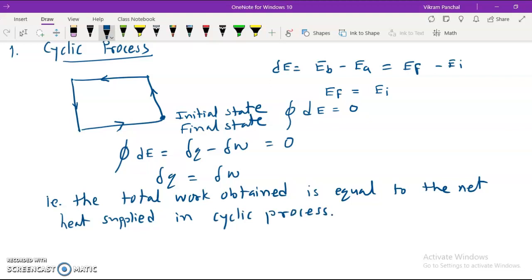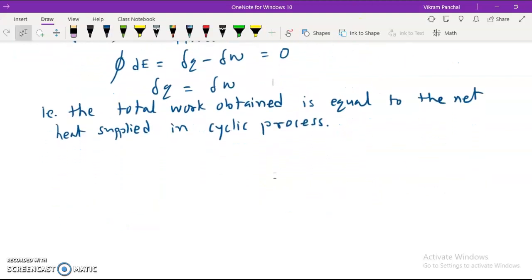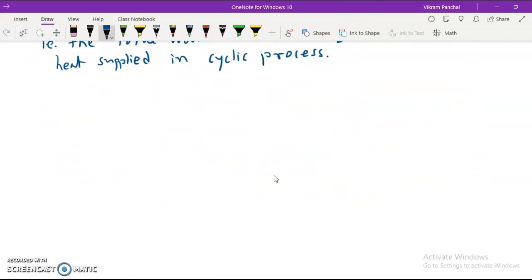Next one is the isolated process. Second is the isolated process, or an isolated system.